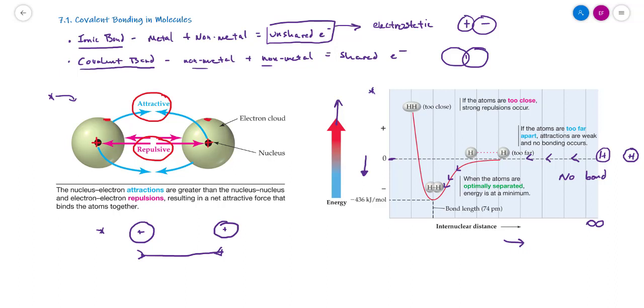And that minimum right here, what do you think that minimum refers to? Well, that's the actual bond length. That's the perfect length that separates the two nuclei until we start to go back uphill in this case. And if we start to go back uphill, what we're doing is getting these atoms too close to each other now.